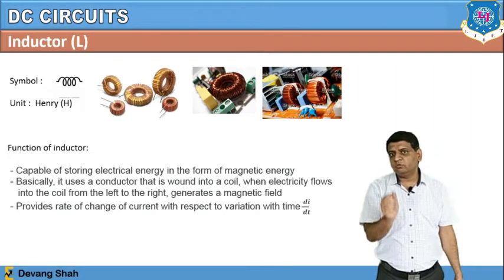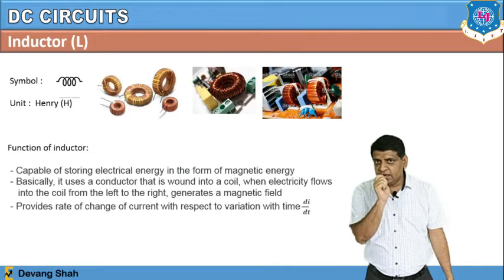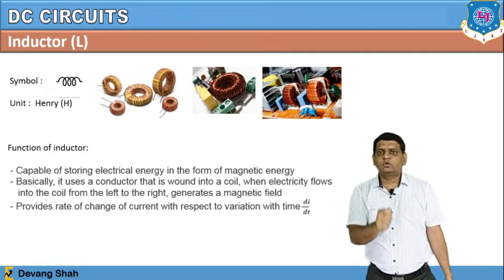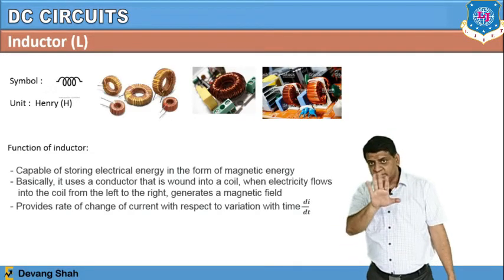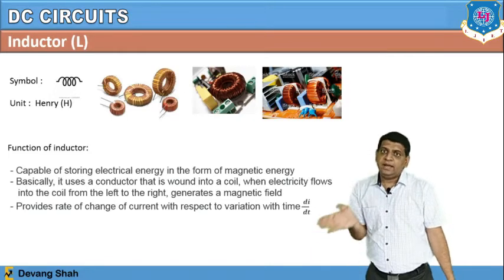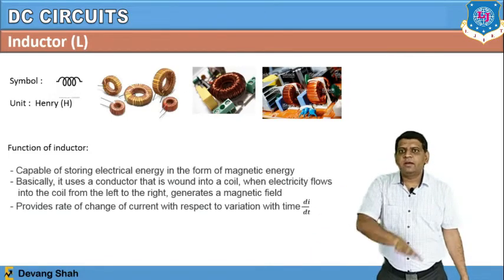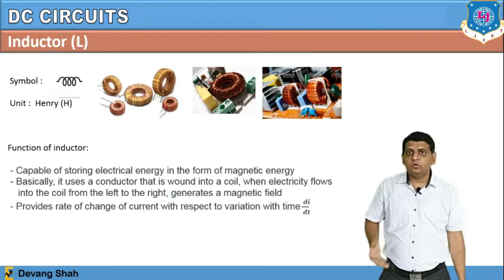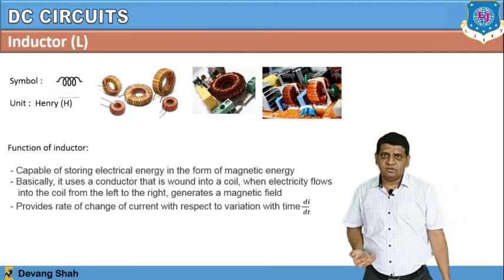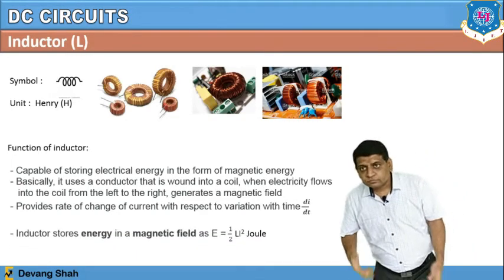So the inductor gives you an effective factor called di by dt. The capacitor gives you dv by dt and the inductor gives you di by dt. Those two terms we are going to use in our further circuitry, right?